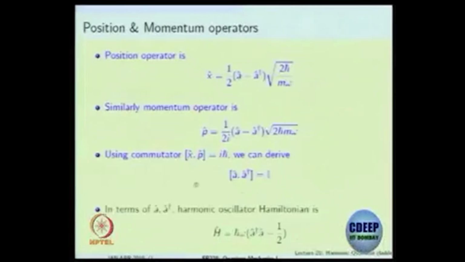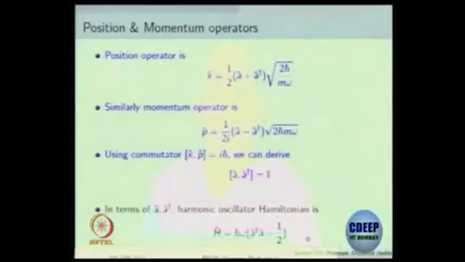The commutator is non-zero. So you can use this commutator to write A A dagger as A dagger A plus 1. You can use that. Okay, so do that and check out whether you get the Hamiltonian to be A dagger A plus half.